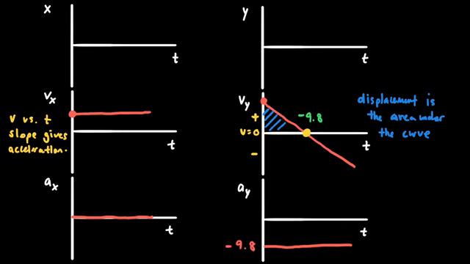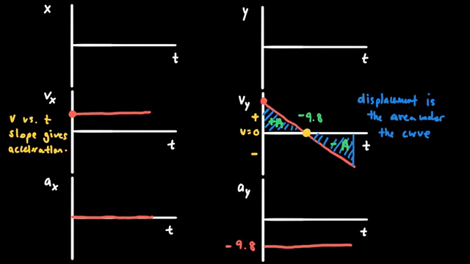So that would look like the following: this blue area and this blue area. And if I've drawn my graph correctly, then since the object is launched from and lands at the same height, the net displacement in the y direction should be 0, which means this positive area above the time axis and this negative area below the time axis should give me a net displacement of 0.